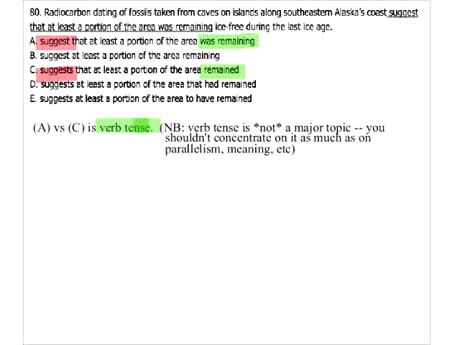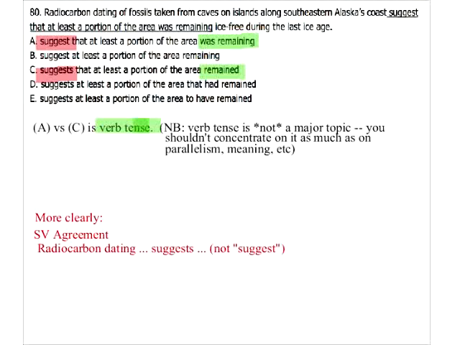I don't know why I didn't see that. Subject-verb agreement, thank you. Yeah, it's radiocarbon dating of a bunch of stuff suggests, not suggest. It's one of those days. So that's one reason to kill A right there.